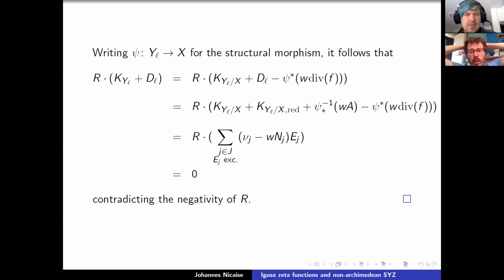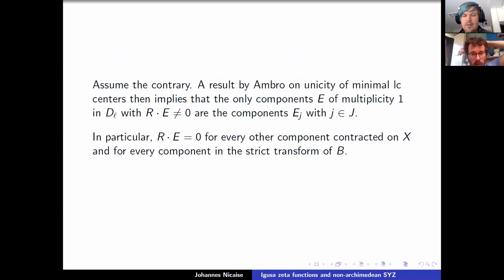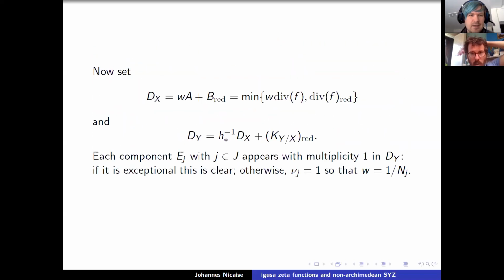Wait, who is dx in the setup? Is it the divisor of the first pair that we started from? That's right. Dx was the divisor WA plus B. Ah, okay. I thought it was called dy. No, right. So dx is a divisor we construct on X before any resolution. So that's A plus B reduced.